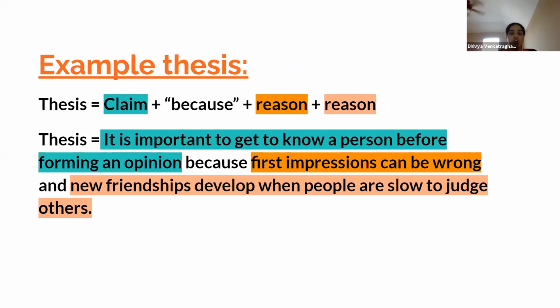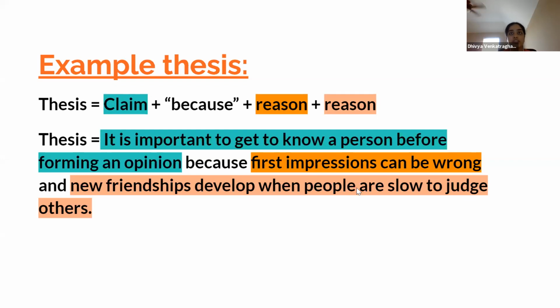We're not looking for because judging people is bad or forming an opinion before meeting someone is good. So words like good and bad would indicate that your thesis is going to be vague. So you want to avoid things like that. Even though it's short, it has to have enough explanation to let the reader, or in this case, your teacher, know what exactly it is that you're going to be talking about.